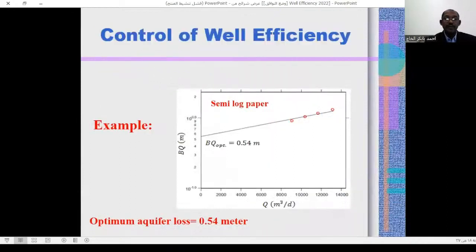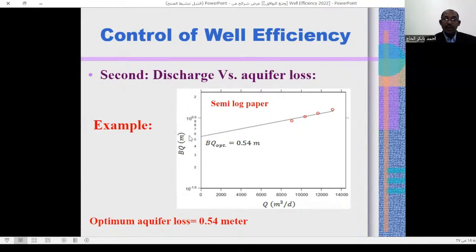Second method: plotting discharge versus aquifer losses. Aquifer losses are plotted vertical on semi-log, on log scale, and the quantity is plotted horizontal on semi-log paper.